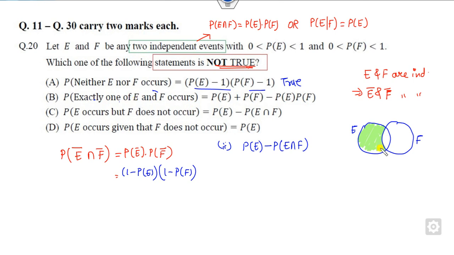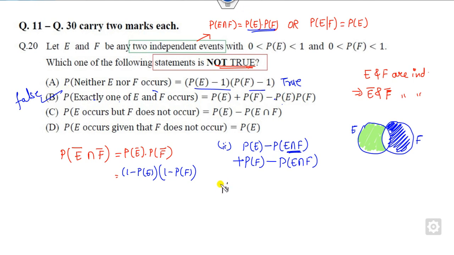Exactly one of E and F occurs means you can also see this part, which can be written as probability of F minus their intersection. Now you can see the sum counts the intersection twice, but the probability of E intersection F is the product, so it should be single. So this is my false statement.